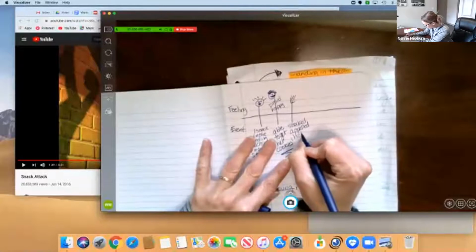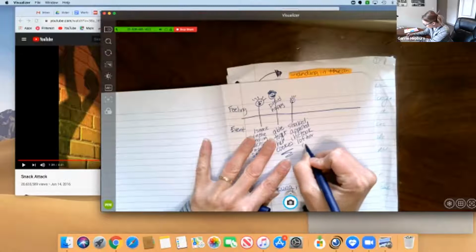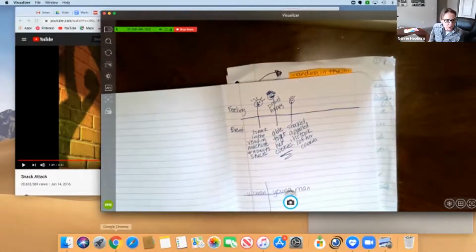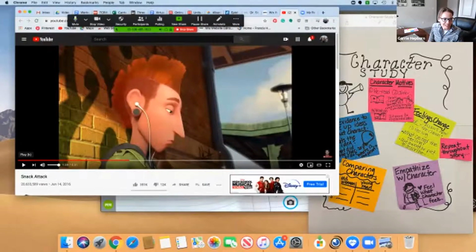He took one of her cookies. I can't even imagine that happening. So let's keep these things in mind as we keep working through this text.